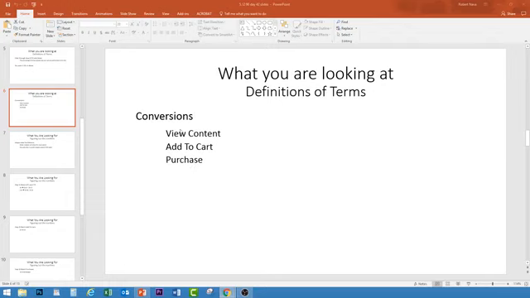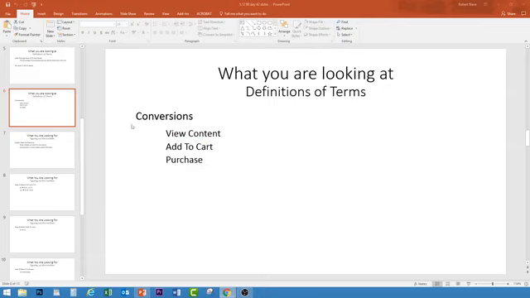It could be initiate checkout. It could be get a lead. It can be visited a page, right? It could be a lot of different things, whatever it is that you're trying to get the customer to convert on. So, the three that we look at and the three that we care about and are paying attention to are view content, add to cart, and purchase.